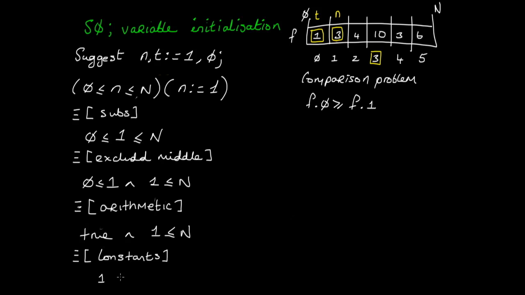Well, that just leaves us with the 1 less than or equal to n, and that follows from what we were given, because we're told that n is greater than 0 at the beginning of the program, and of course n greater than or equal to 1 is the same as n greater than 0, because the smallest value n can have under n greater than 0 is 1 or greater, and this is essentially the same thing.